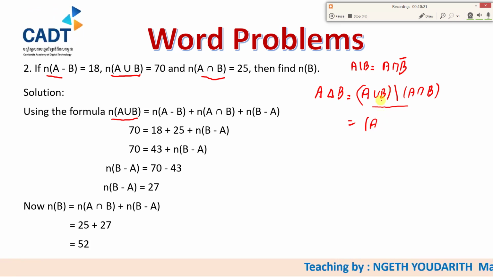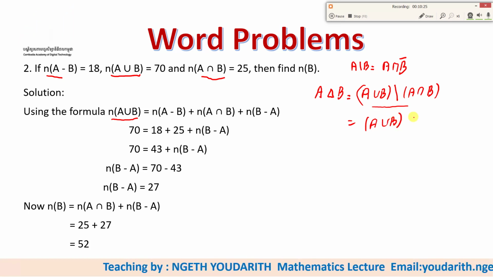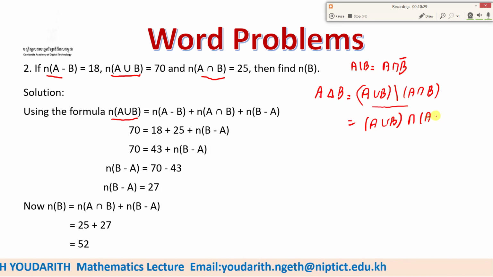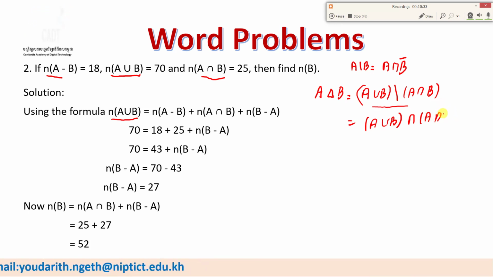A is A union B intersection with A intersection B. This is the kind of different.